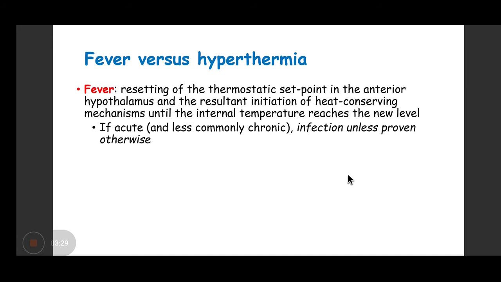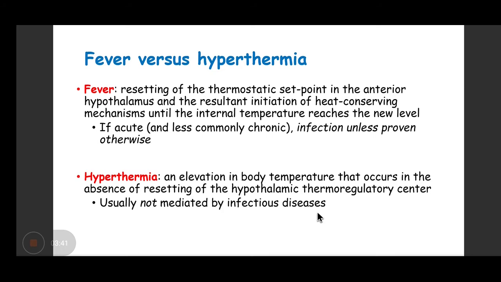In fever, the thermostat set point of the hypothalamus is reset at a higher level. Whereas hyperthermia is when the body's temperature becomes higher by bypassing the thermostat, the hypothalamus. In hyperthermia, the hypothalamic thermoregulatory system is usually bypassed.